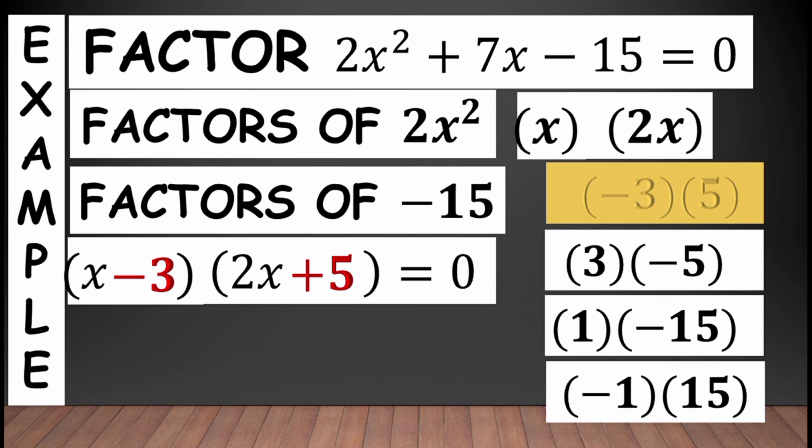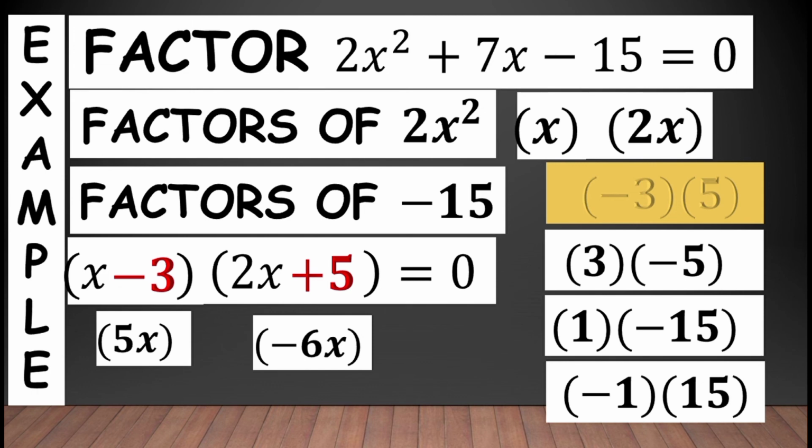For us to get the middle term, using the concept of the FOIL method, the outer terms and inner terms will be added to make our second term, which is in this case 7x. So if we multiply x and 5, the product is 5x. Multiplying the inner terms, negative 3 times 2x, the product is negative 6x.